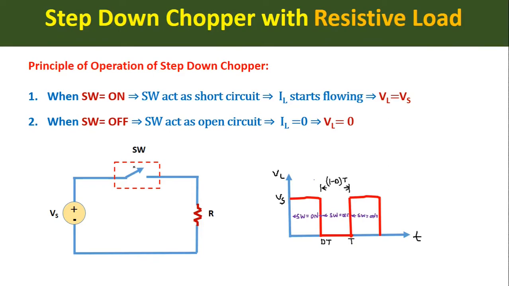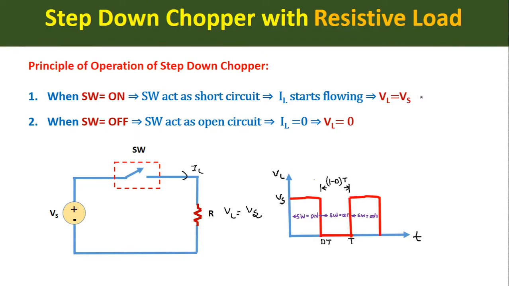Next one is principle of operation of step down chopper. In this we have connected one switch. When switch SW is on, it will act as short circuit. Then load current IL starts flowing through this resistive load, and in this condition the load voltage will be equal to input source voltage or input DC voltage.